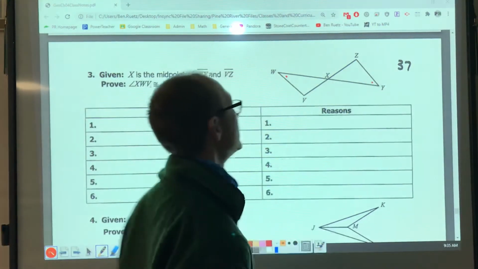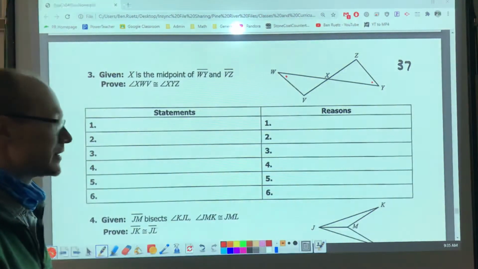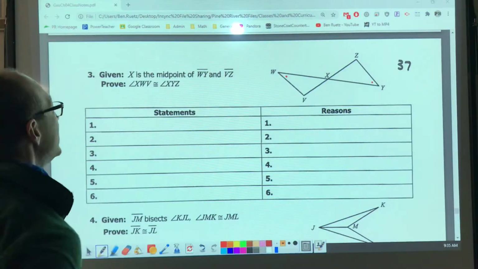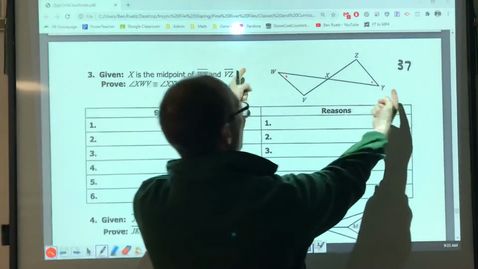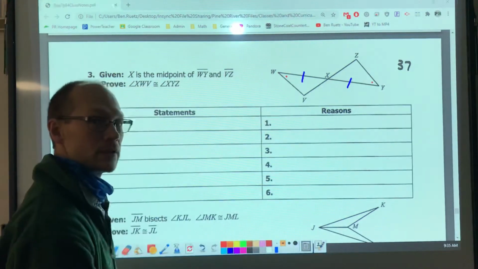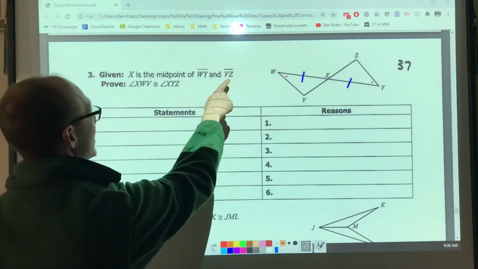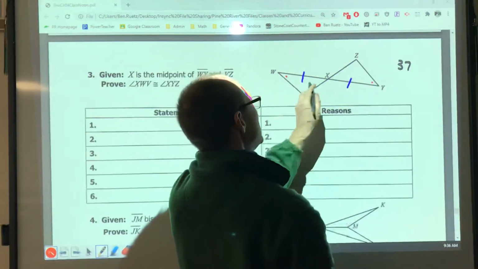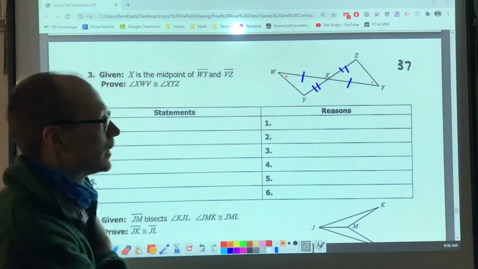They are wanting us to show that those two dotted angles are the same. Now, let's annotate these triangles. It tells us that X is the midpoint of WY. X is the midpoint. Does that mean that this and this are congruent? Yeah, because that's what midpoints do. They cut things in half. It also says that X is the midpoint of VZ, so these two are the same.